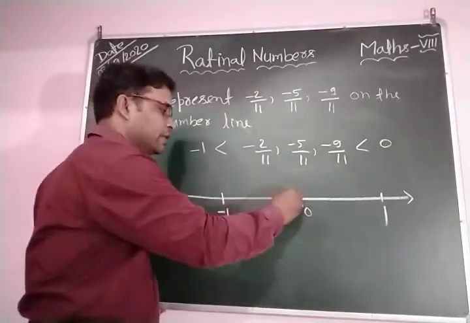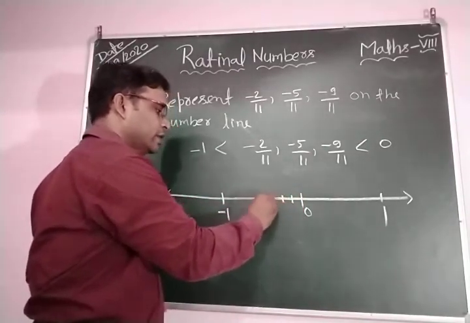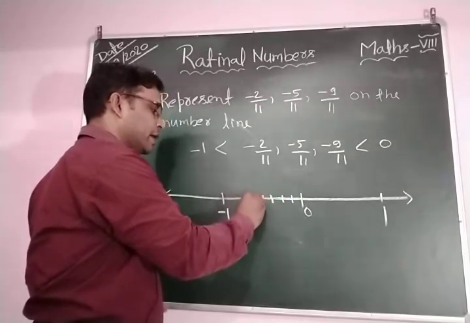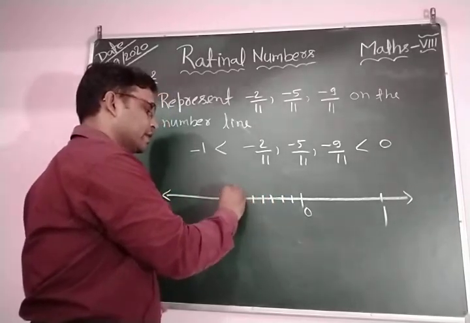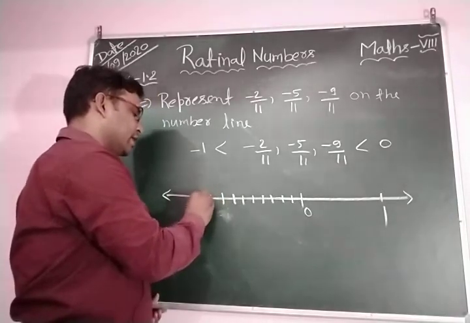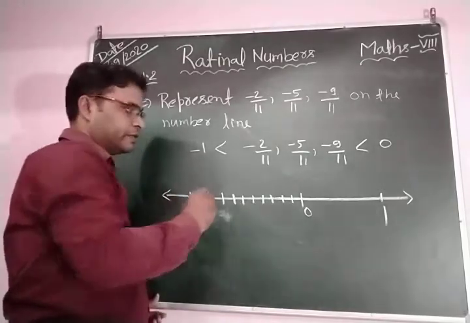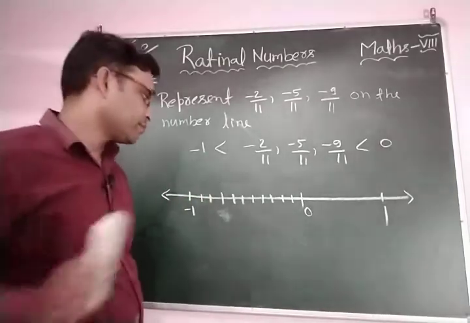So we start from here: 1, 2, 3, 4, 5, 6, 7, 8, 9, 10, 11. This is minus 1.